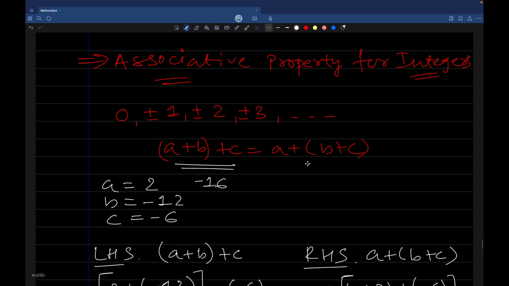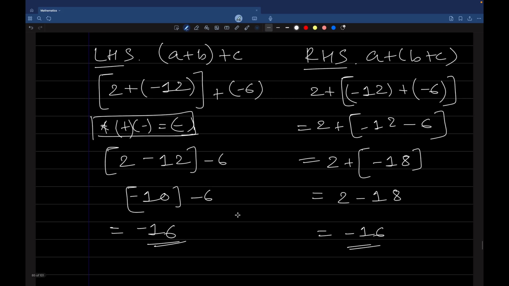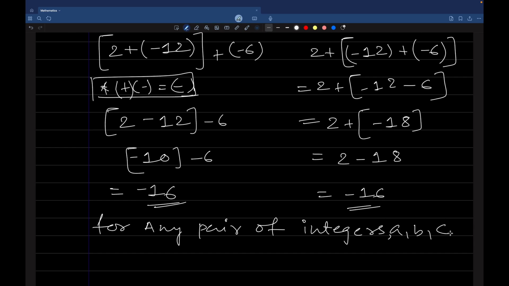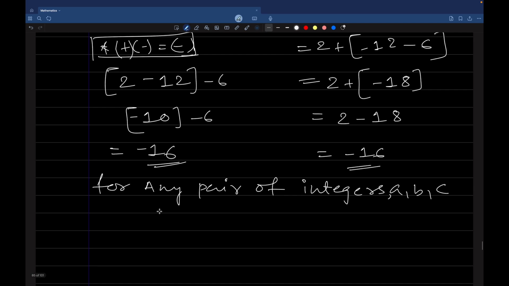We got right hand side also minus 16. LHS equals RHS. Hence, for any three integers A, B, C, the property (A + B) + C equals A + (B + C) is satisfied.